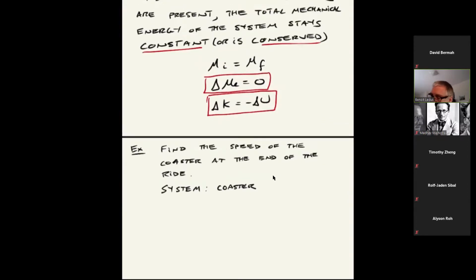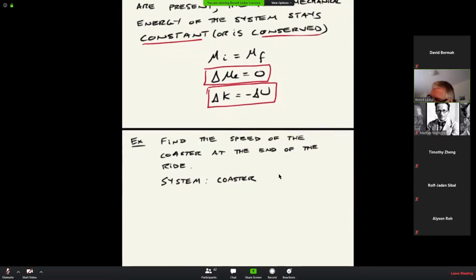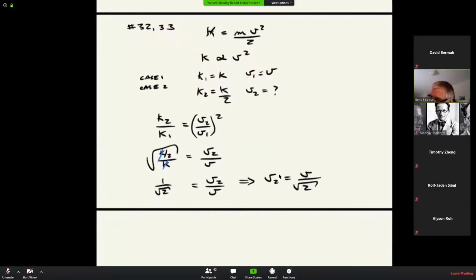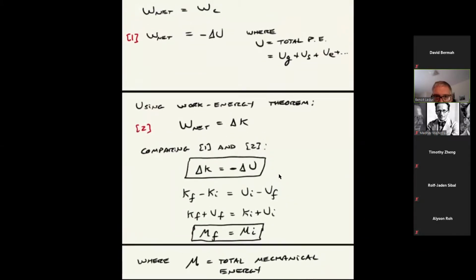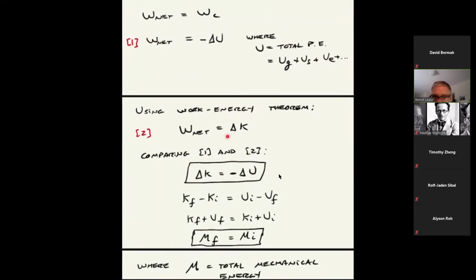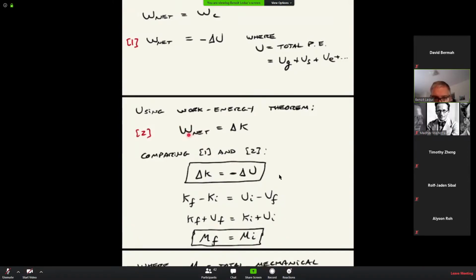You'll have to go back to the work energy theorem and the work done by gravity. And whenever you do the work done by gravity here, you'll have to go back to the original definition of work, which is F times delta d times cos theta.